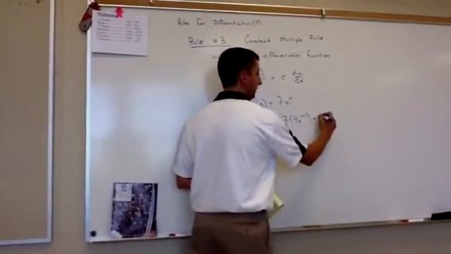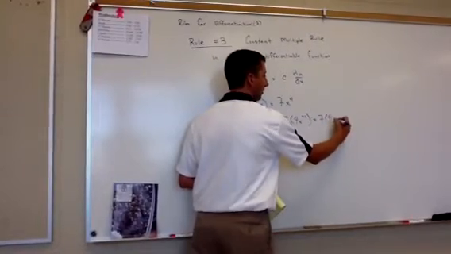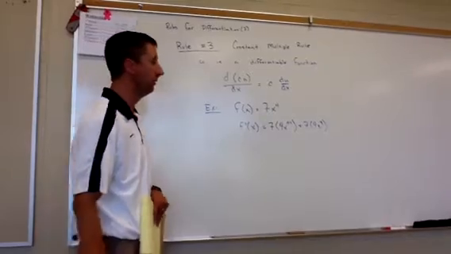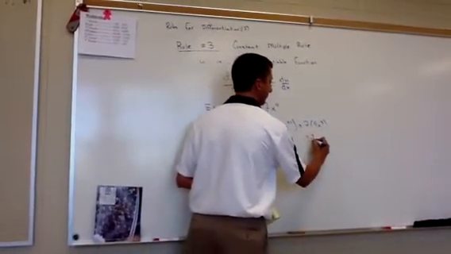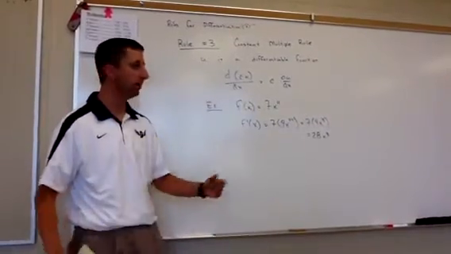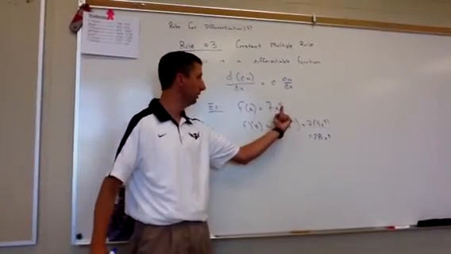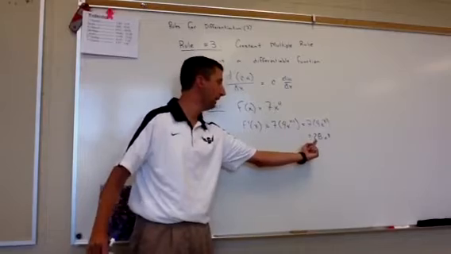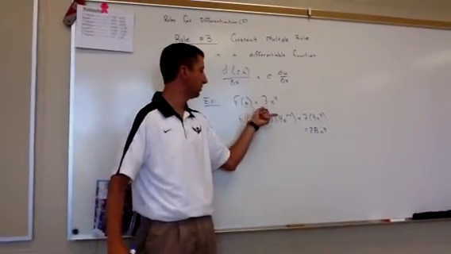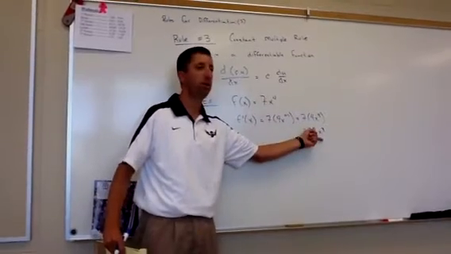So I have 7 times 4 times x to the 3rd, which is the same thing as 28x to the 3rd. Now, you can start to get good at this and just say 4 times 7 is 28, raised to the 3rd. You're going to be able to make that jump straight from here to here.